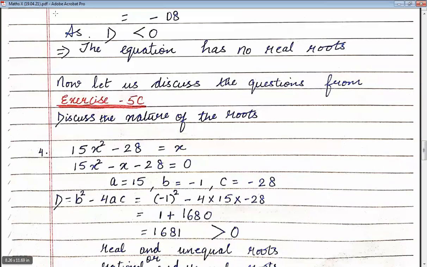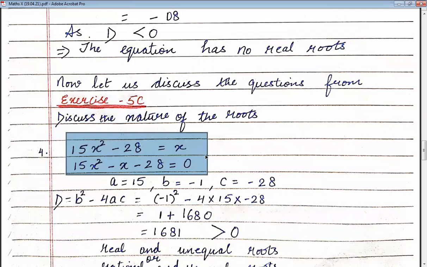Now children, let us discuss a few questions from your book exercise, that is exercise 5C. Let us discuss question number 4. It is 15x square minus 28 is equal to x. Let us convert this into the standard form of a quadratic equation.